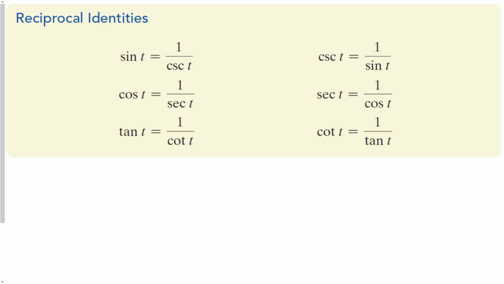Okay? Again, these are just switching, right? I said sine and cosecant were reciprocals before. Now this is the reciprocal identity, just replacing the point with another function. These come in extremely useful, not so much in this chapter, more in the next chapter when we start doing proofs with these.